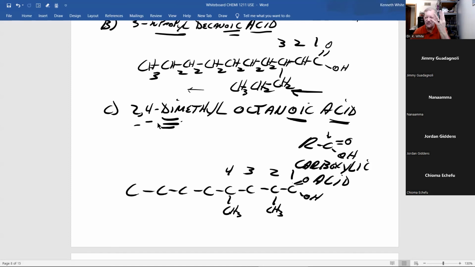That makes it easier anyways. And I'll put in my hydrogens. And I'm done. 2,4-dimethyl octanoic acid. 4 plus 4 more is 8 carbons, the longest chain. And that's how you name carboxylic acids.